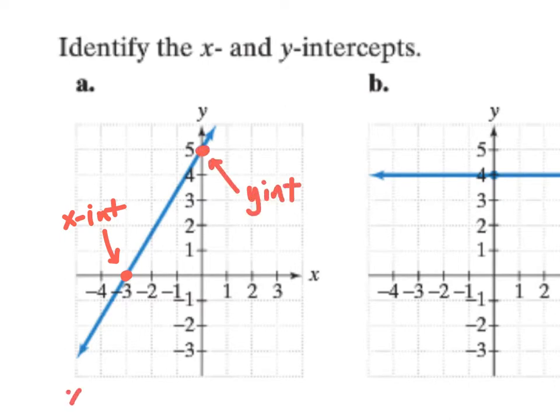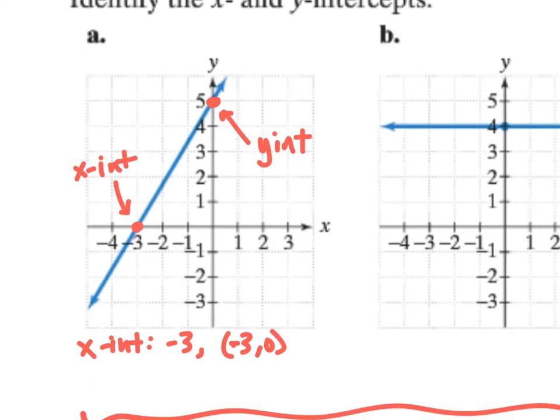So what we can write is that our x-intercept is negative 3, or you could simply write the point negative 3 comma 0, okay. The y-intercept is the value of 5, okay, and that's the point 0 comma 5. All right, so those are locations, okay, where the graph crosses the x or y axis.